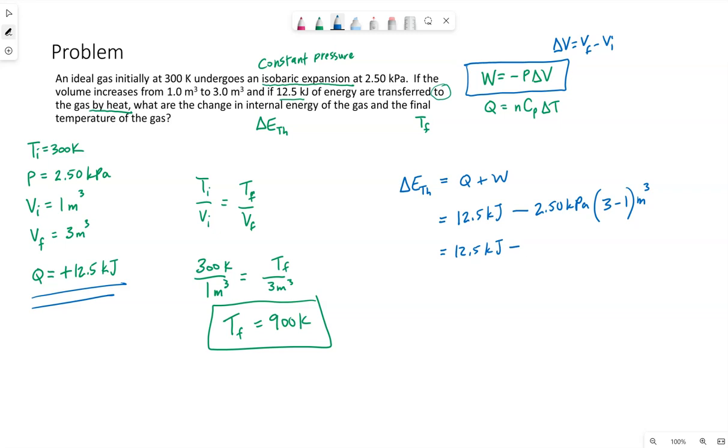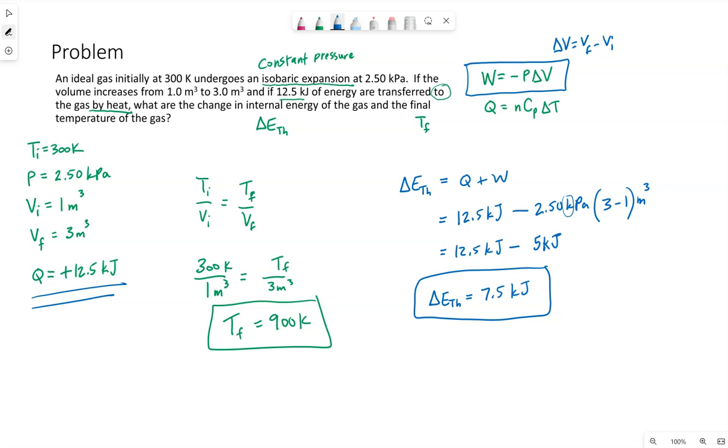I have 2.5 kilopascals times 2 meters cubed. That gives me 5 kilojoules. The pascal times the meter cubed is a joule. So I can technically leave both of these in kilojoules, and I end up with 7.5 kilojoules is the change in thermal energy, which is also the change in internal energy.